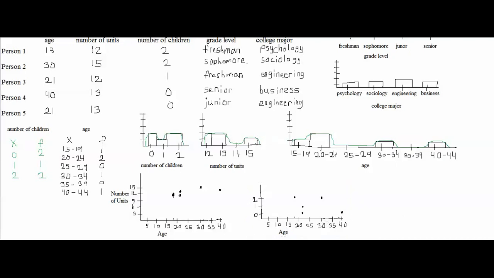And we can make one more scatter plot. And the last scatter plot we can make is number of units and number of children. I'll label the y-axis right here, since it was number of children.